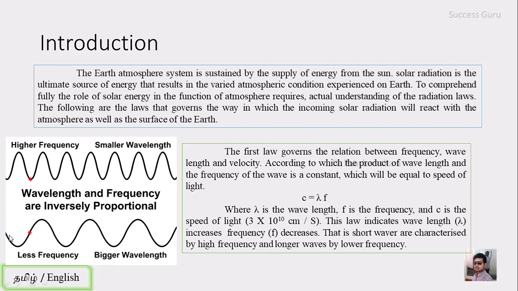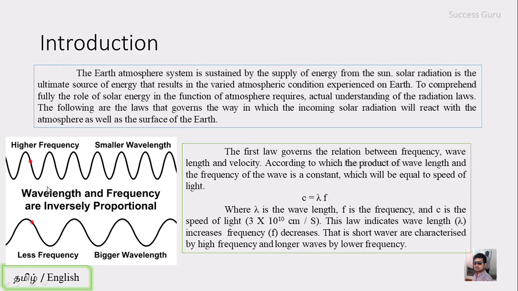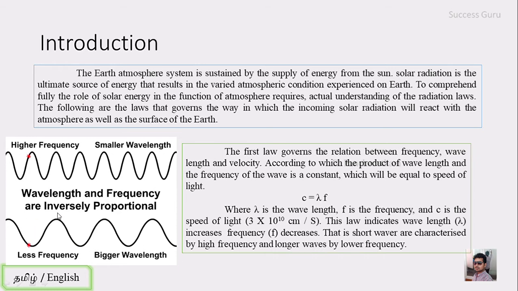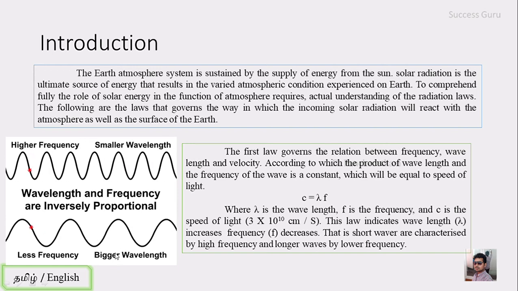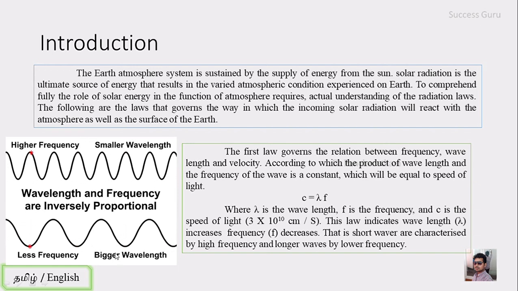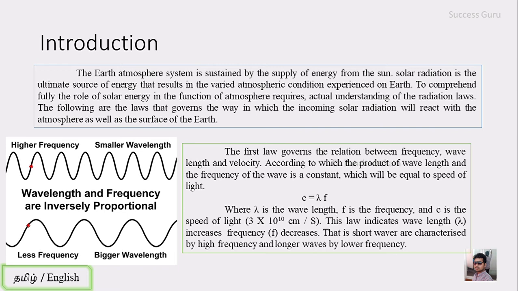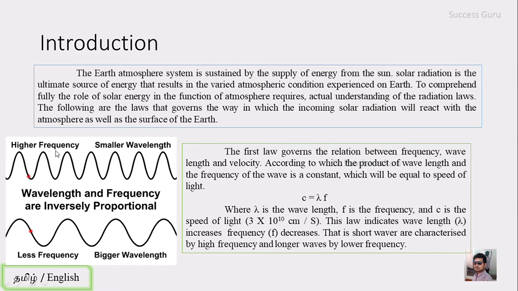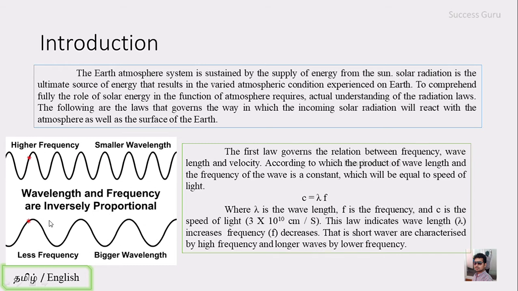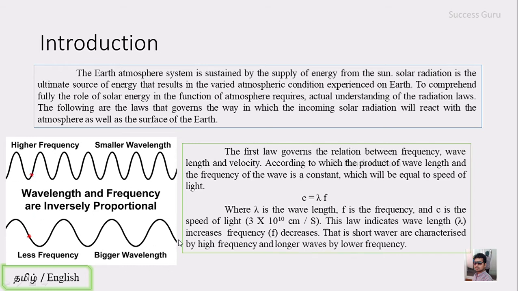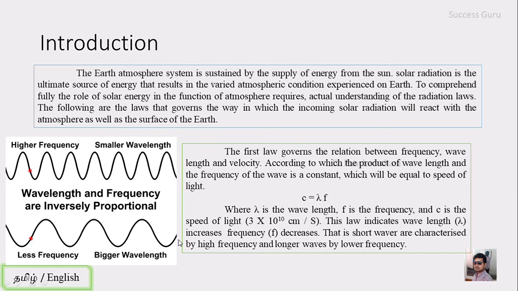And this is a low frequency wave, and the wavelength, the distance between crest and crest or trough and trough, is comparatively higher. So this is the inverse relationship between frequency and wavelength. The higher the frequency, the smaller the wavelength; the lower the frequency, the bigger the wavelength. This is the very first law of radiation.